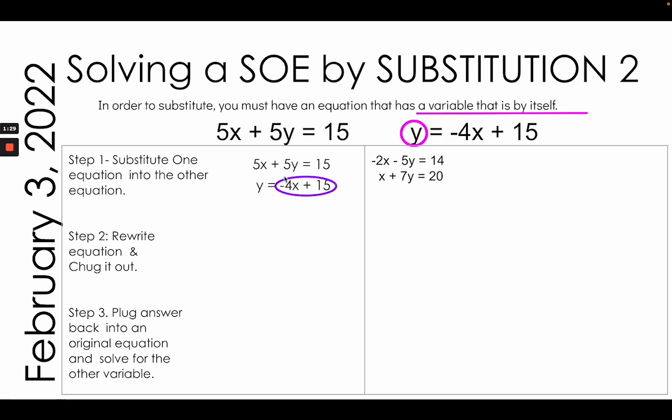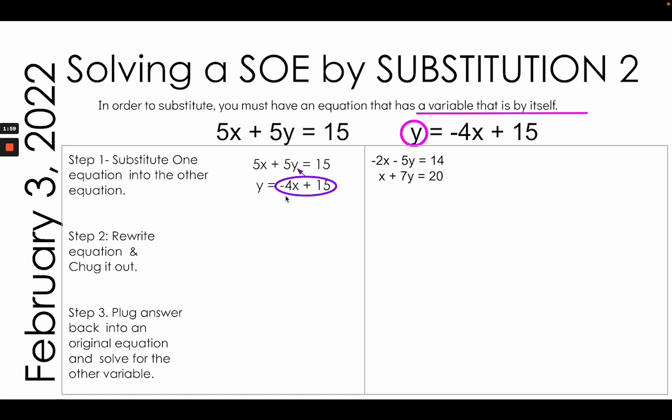Because we can substitute, we're going to take what the y is equal to and plug it into the variable in the other equation. Since this is y, we have to plug it into that y. We're going to take one equation and substitute it into the other equation.